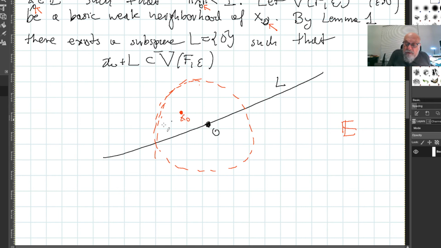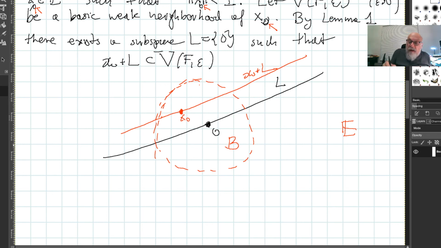The set x naught plus L is unbounded, like a line crossing through. The points in L go to infinity, so this is an unbounded set. What is inside the ball B is bounded.